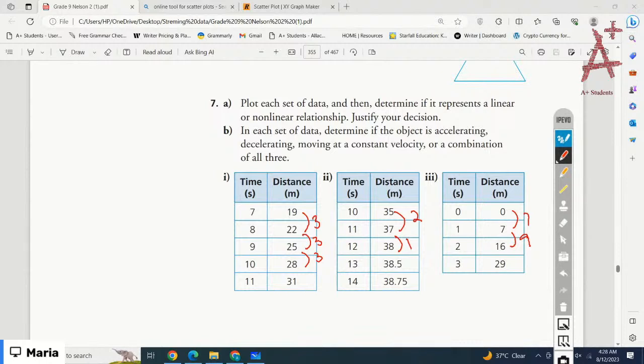That means it is either accelerating or decelerating, right? Okay, for the third one, the relationship is non-linear, right? That means either the object is accelerating or decelerating, right?